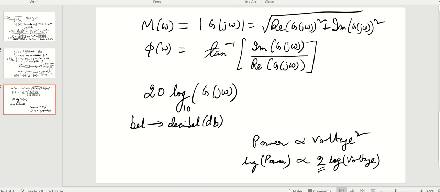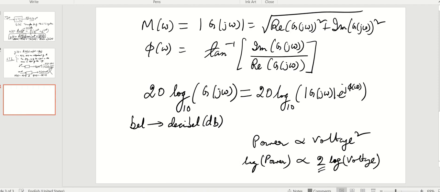So anyway, coming back to this problem, please recall that these are just repetitions. So at the cost of boring you again, I'll still do this. So what does this say? This says that this is g of j omega, e to the power j phi of omega.